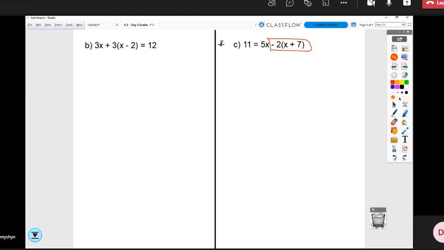So maybe I won't keep the box around it, but I will be very cautious. So, this is my equal sign. We got 11 equals 5x, and here we go with the distributive property. Negative 2 times 1x, so I'm going to write negative 2 times 1x, and then negative 2 times positive 7.